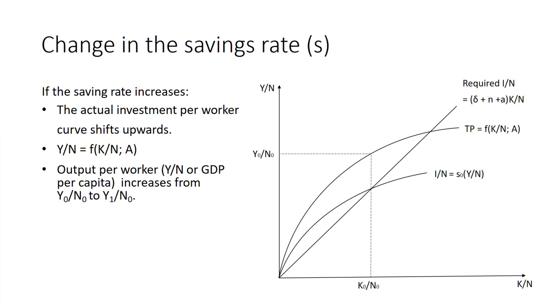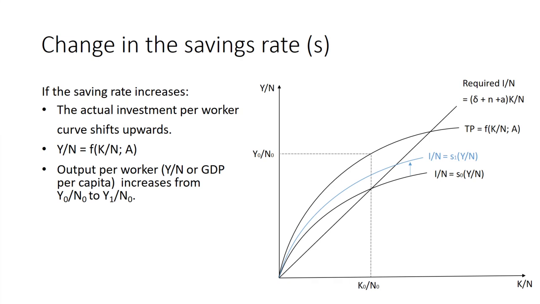Now, if the savings rate changes, you can see there on your actual investment per worker function that is what will change. So when savings changes, the actual investment per worker will shift upward, and we'll have a new actual investment per worker function, and a new point where the required investment per worker and the actual investment per worker intersect.